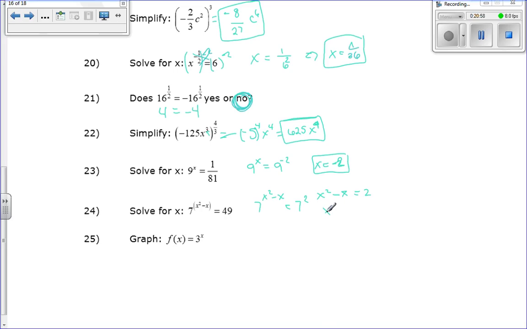Subtract 2 from both sides, so we have x squared minus x minus 2 equals 0. Factor, we'll have x minus 2 and x plus 1. So x equals 2, x equals negative 1.